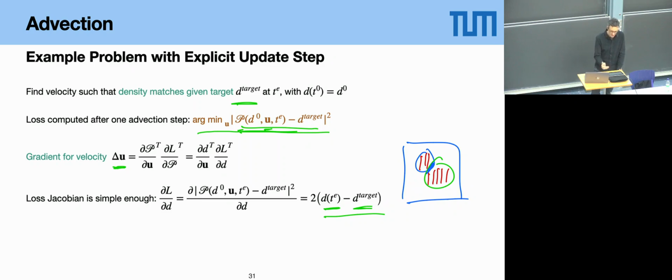This is the Jacobian, the gradient of the loss, right? This is actually what comes out of such an L2 loss. It tells you where did my target go wrong. So typically what's also important is here a plus or a minus sign.